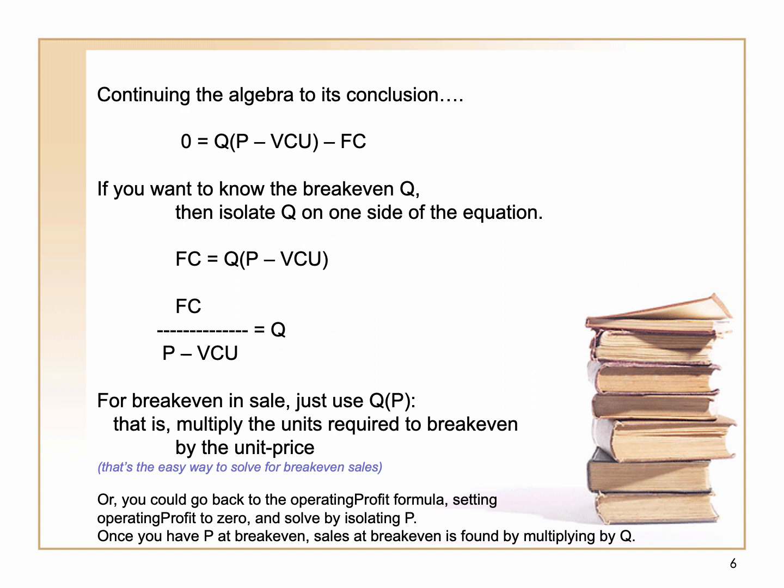You could go back to that original formula, set operating profit to 0, solve by isolating price, and then again multiply price by quantity to get to the dollar amount of sales. That can be done. You end up with a little more algebra involved, but it's not undoable. Again, we've got a fairly simple formula that we're working with: operating profit.